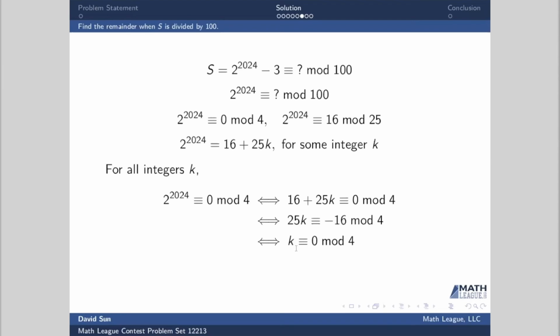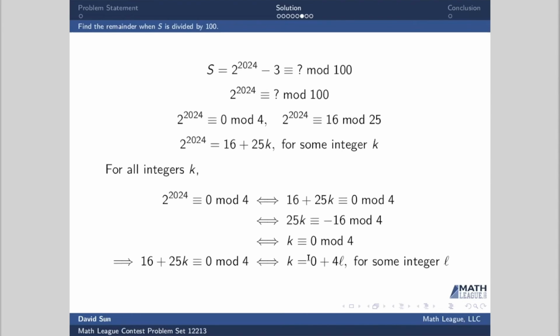So we have that k is equivalent to 0 mod 4. This implies that 16 plus 25k is equivalent to 0 mod 4. That's this up here. If and only if k is equal to 0 plus 4 times l for some integer l. This is making use of this line above. So we're just taking what we already know and saying different things with it.